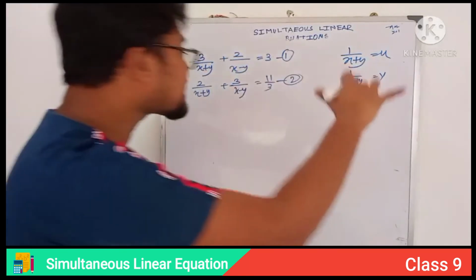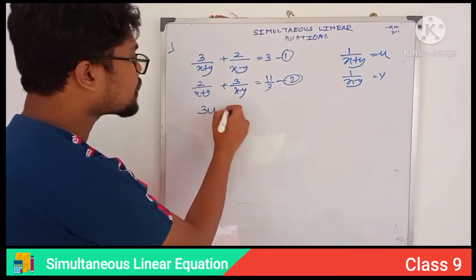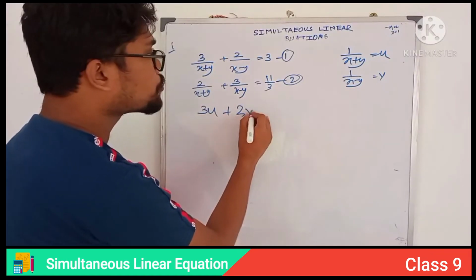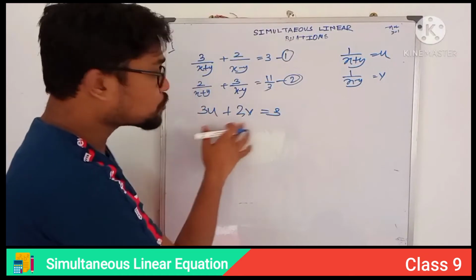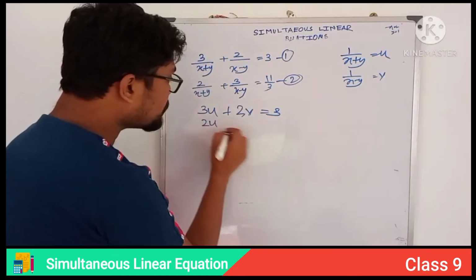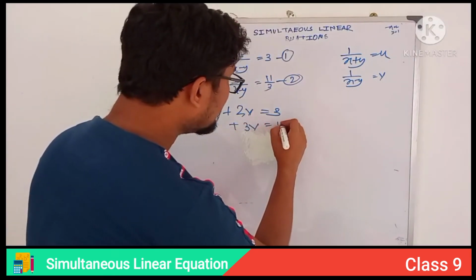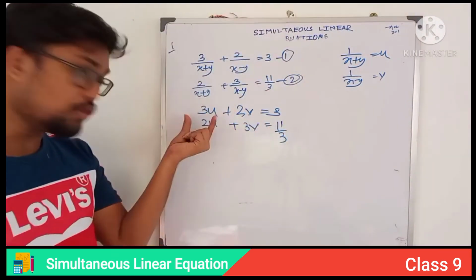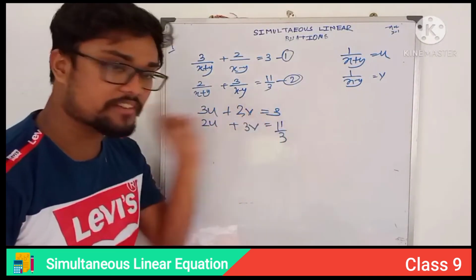Now it is converted into 3u plus 2v equal to 3, and 2u plus 3v equal to 11 by 3.